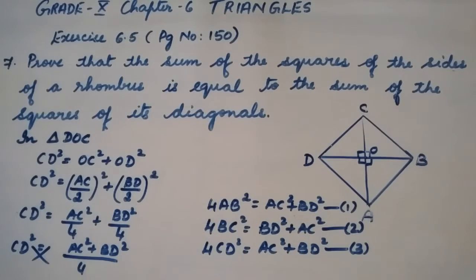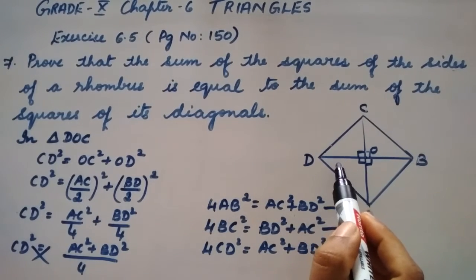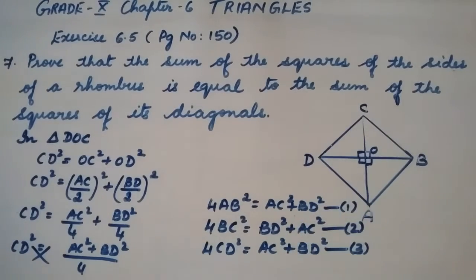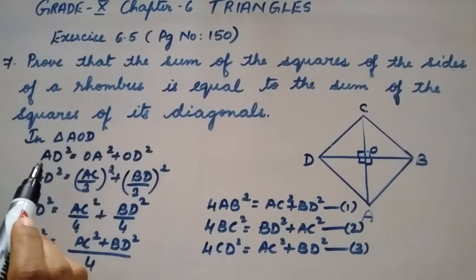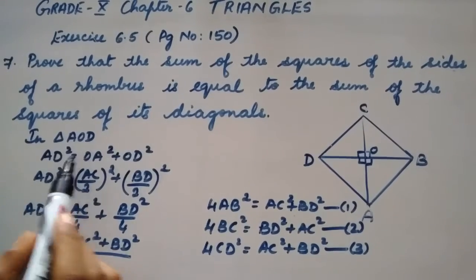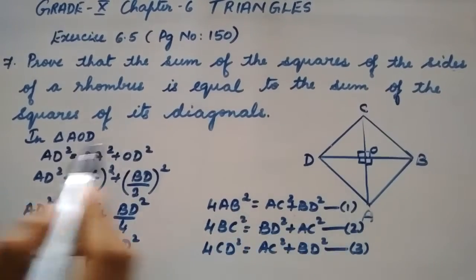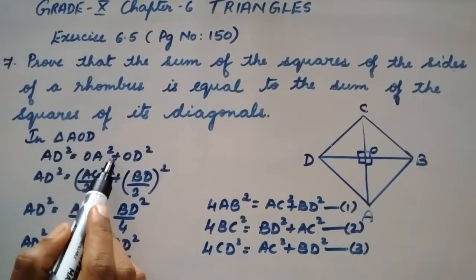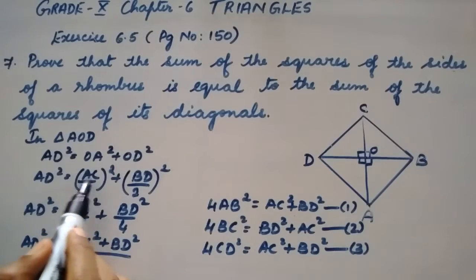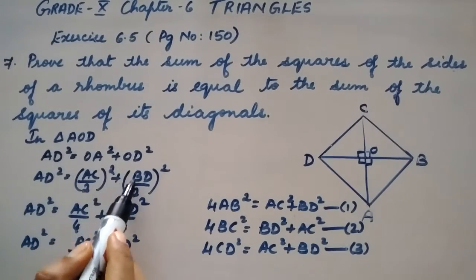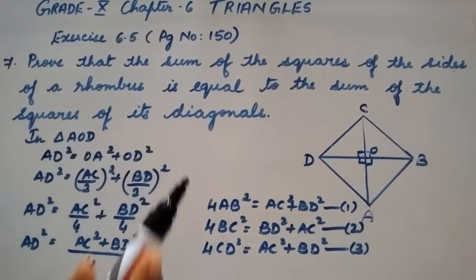And next we have to consider the triangle AOD. So in triangle AOD, AD is the hypotenuse, so AD square is equal to OA square plus OD square. So AD square is equal to AC by 2 to the whole square plus BD by 2 to the whole square.